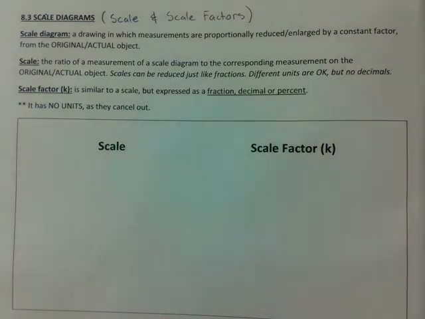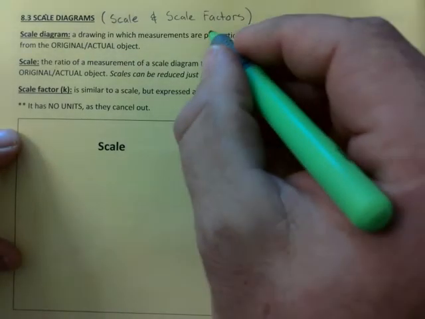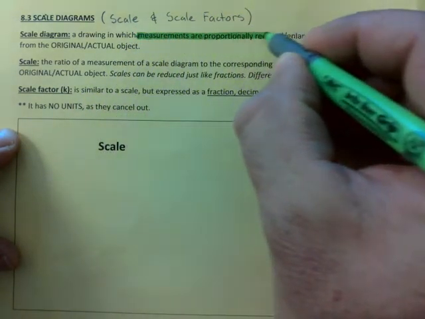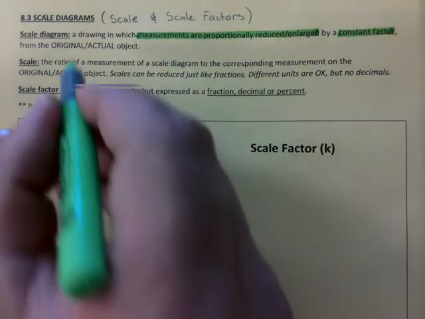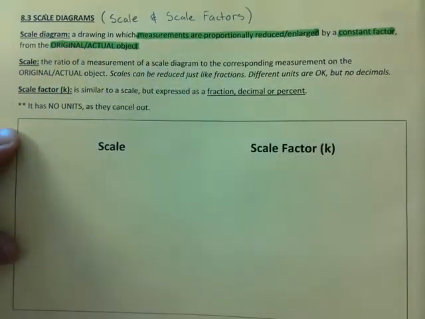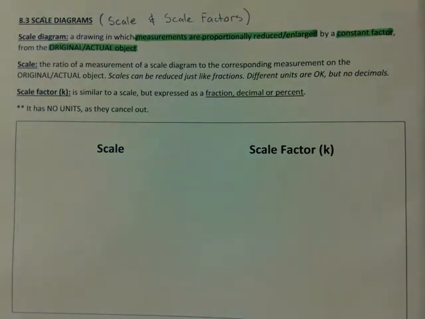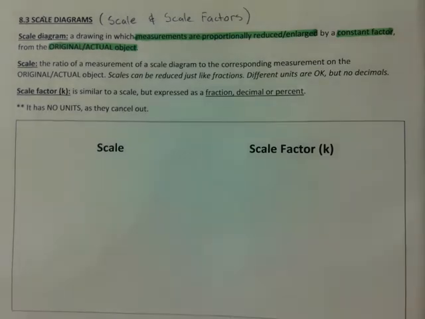So a scale diagram is a diagram in which measurements are proportionally reduced or enlarged by a constant factor from the actual or the original object. Notice the words actual and original, right? It's gonna come back.